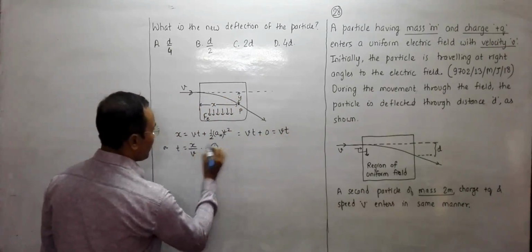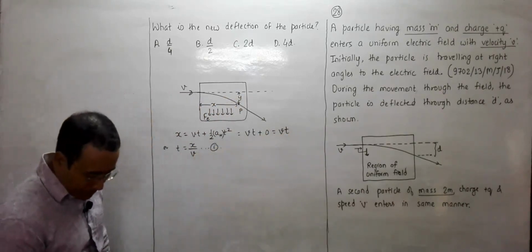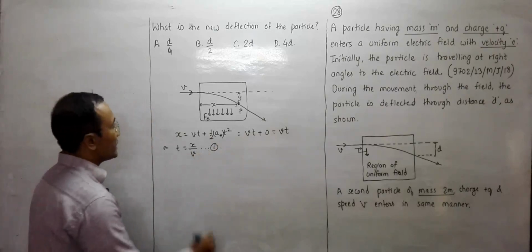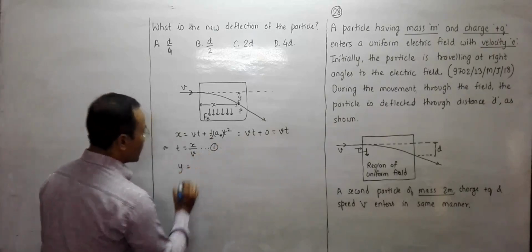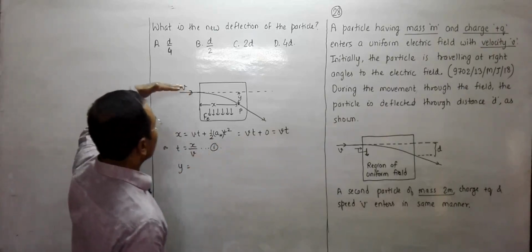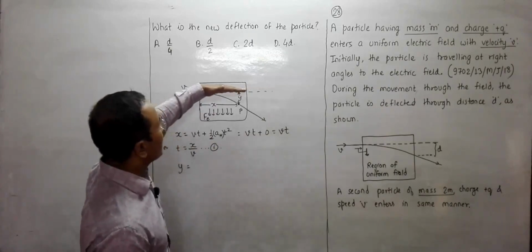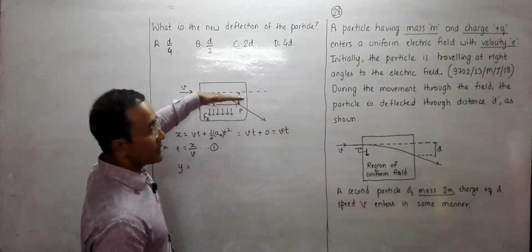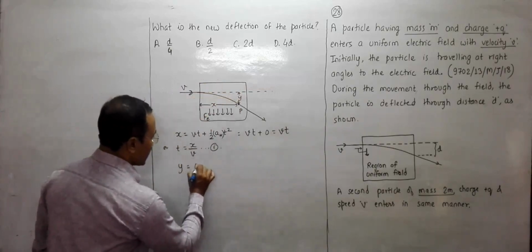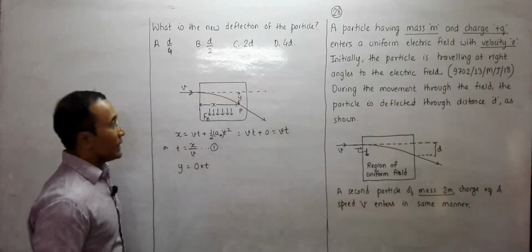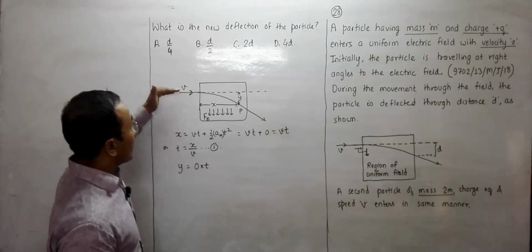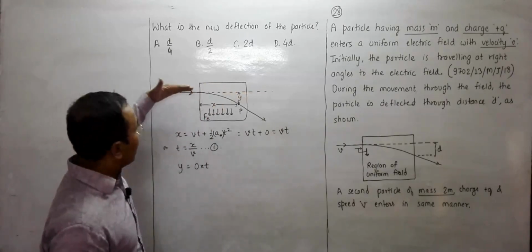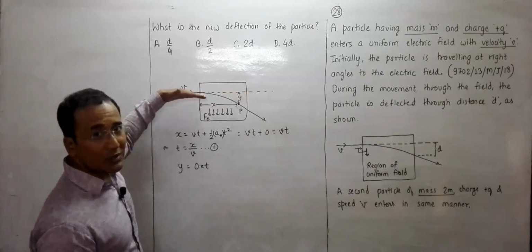If I go through the vertical deflection, which is y, then y is equal to the initial velocity in the vertical direction, which was 0, into t. Its motion was initially in the horizontal direction, so at that time the vertical motion was 0.